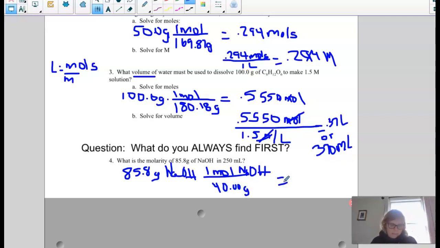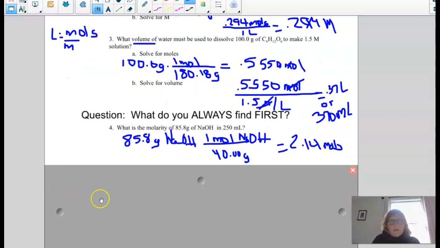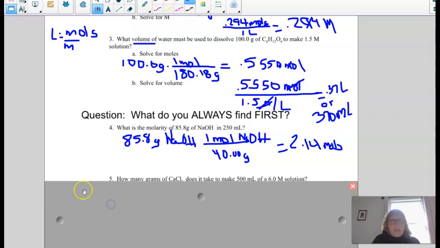So 85.8 divided by 40, with sig figs, will be 2.14 moles. That's your moles of sodium hydroxide. Once you have your moles of sodium hydroxide, you are going to find your molarity. So you're going to take 2.14 and divide by 0.250 liters.